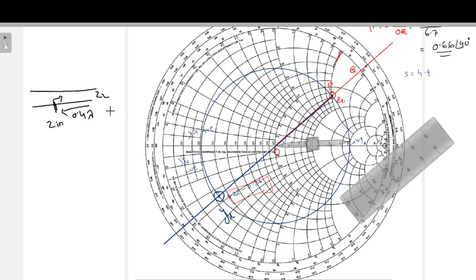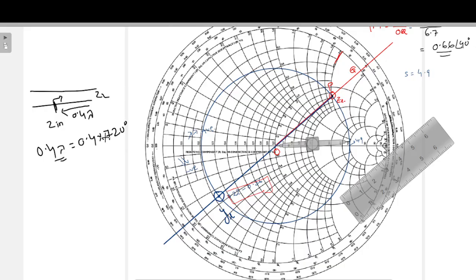Now 0.4 lambda is difficult to calculate, so you can take this scale also. The upper scale is there, but I generally use the angle form. So 0.4 lambda is equal to 0.4 into 720 degrees, because lambda is 720 degrees.